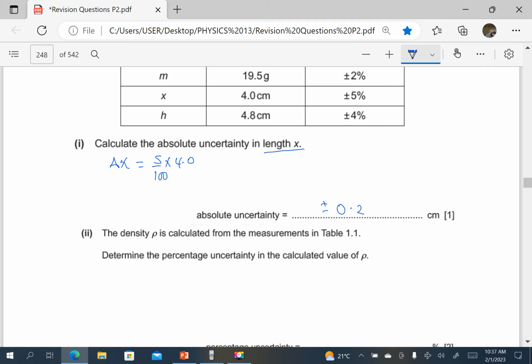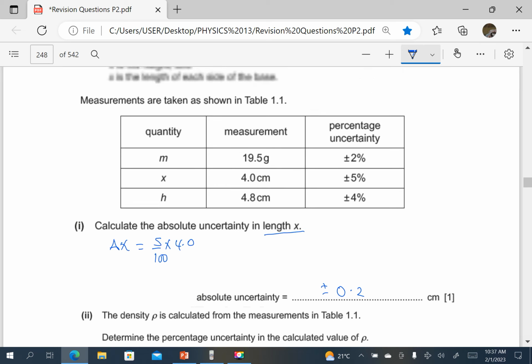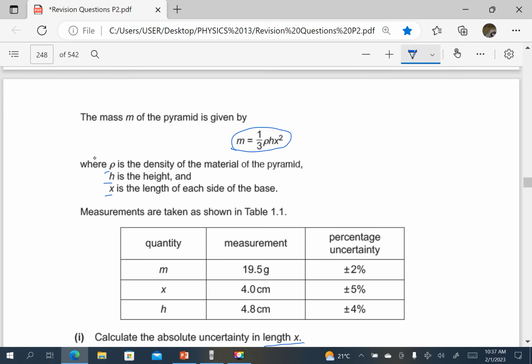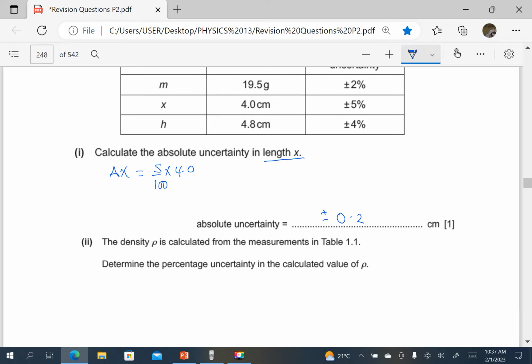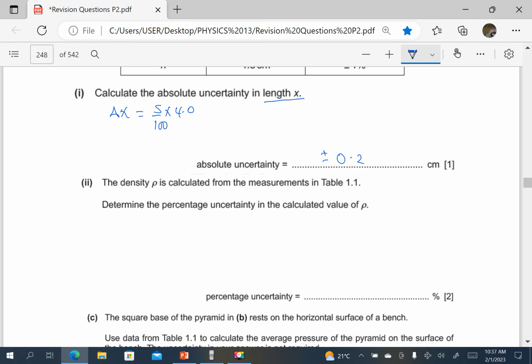The density rho is calculated from the measurements in the table. Determine the percentage uncertainty. So from the given expression, I'm going to make density the subject to be able to find the percentage uncertainty. So from the expression given above, I think you notice that density is going to be equal to 3 times m divided by h x squared.